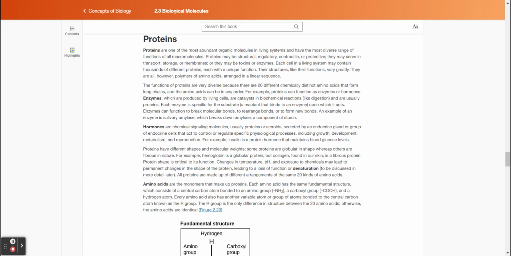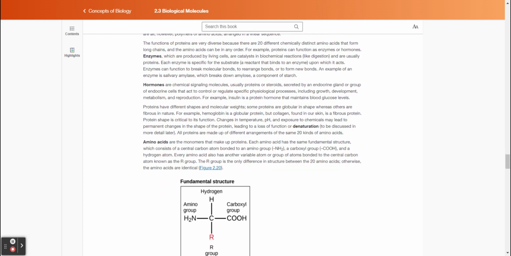The functions of proteins are very diverse because there are 20 different chemically distinct amino acids that form long chains, and the amino acids can be in any order. For example, proteins can function as enzymes or hormones. Enzymes, which are produced by living cells, are catalysts in biochemical reactions like digestion and are usually proteins.